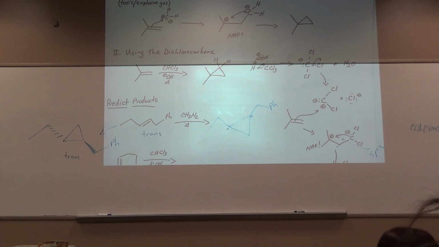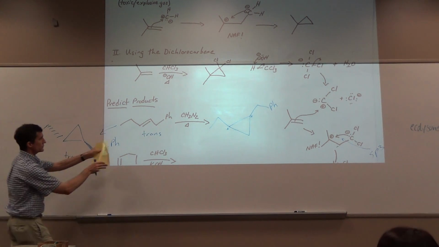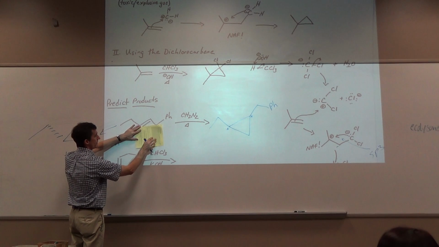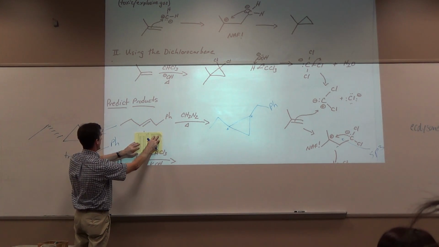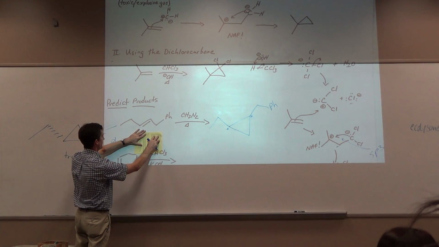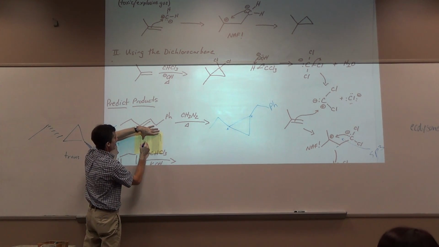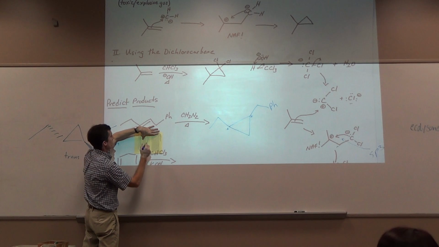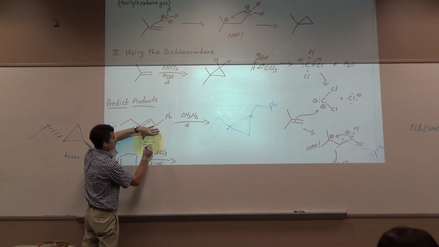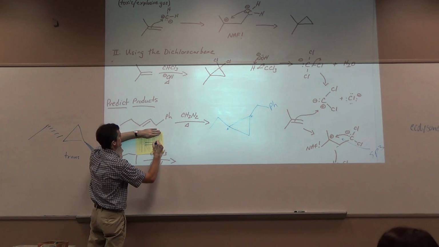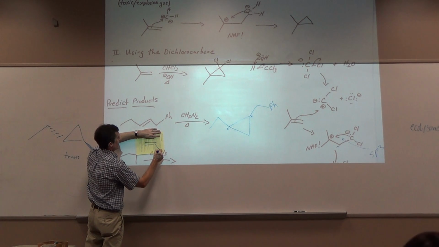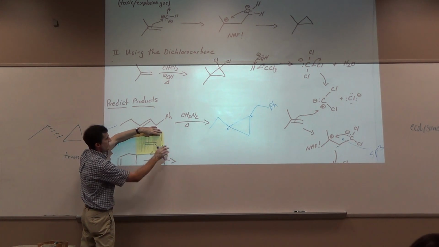Okay? See, when I turn this thing, this is sort of flat on the board like this. Well, let's draw it here. Then I can turn the board. Let's draw it here, and I'm going to make it flat. There's the phenyl, if you can't see it.